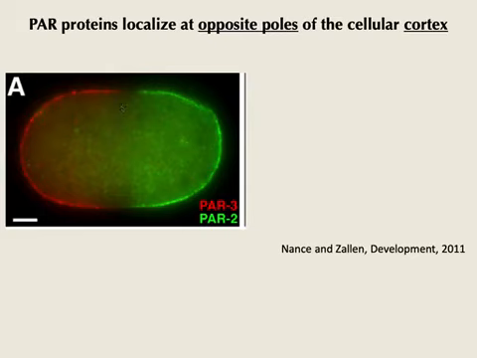It already has to know intrinsically anterior from posterior, but it's not divided yet. Right? The P granules may already be partitioned, but there's not been a division yet. And of course, there's already accumulation of this protein PAR3 in the anterior cortex and PAR2 in the posterior cortex. So those proteins have a polarized distribution, and they tend to accumulate at the cortex. So by cortex, I mean the cytoplasmic layer that's just underneath the plasma membrane.